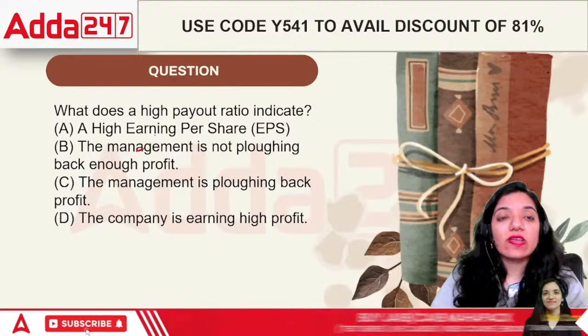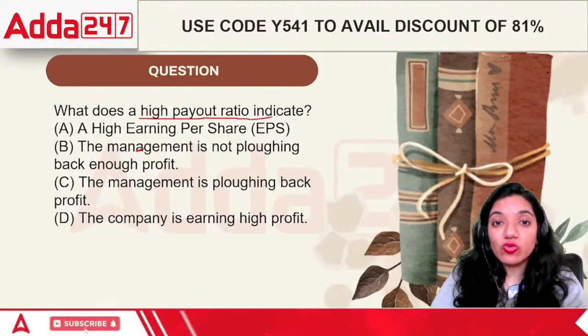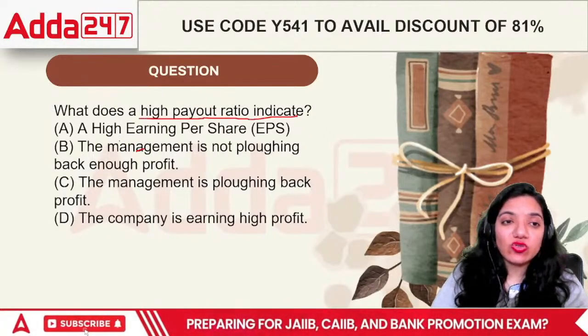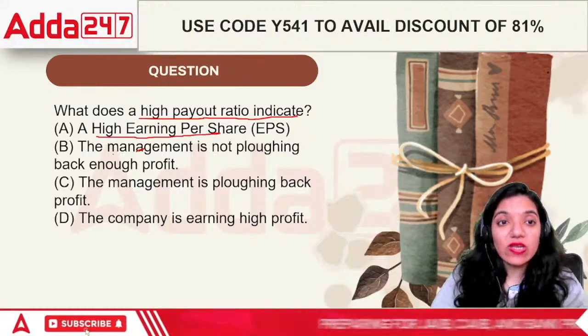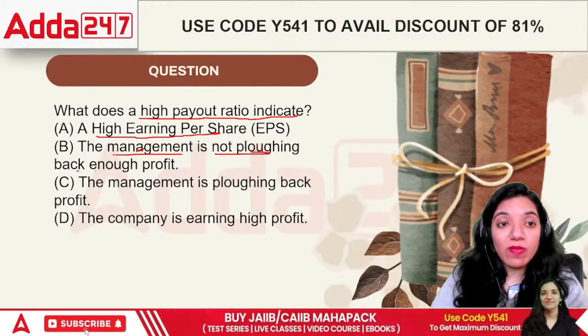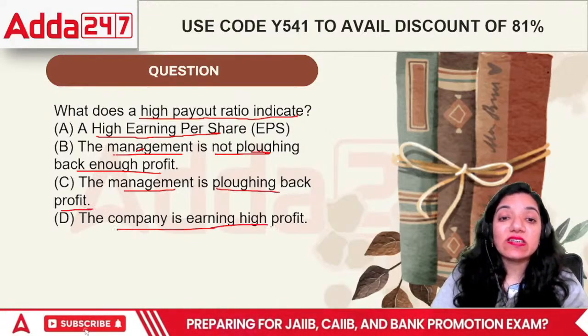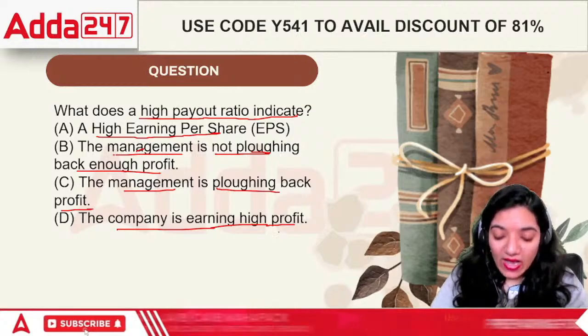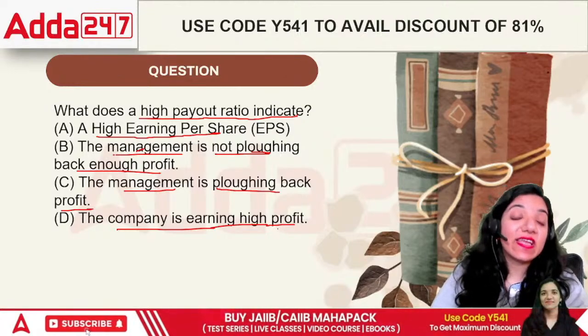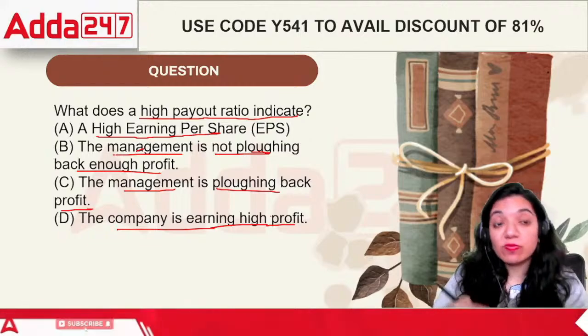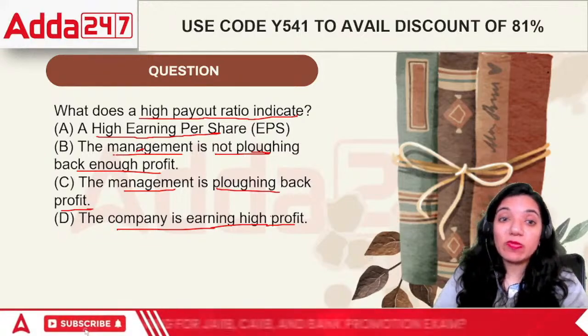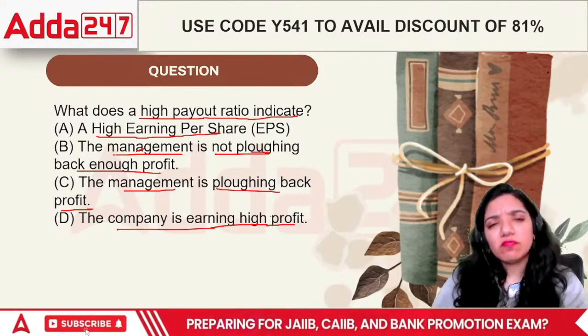Next is, what does a high payout ratio indicate? The high payout ratio indicates a high earning per share. The management is not plowing back enough profits, or the management is plowing back the profits, or the company is earning high profit. The high payout ratio indicates the organization is paying a good amount of money to the people, which means they have multiple things.